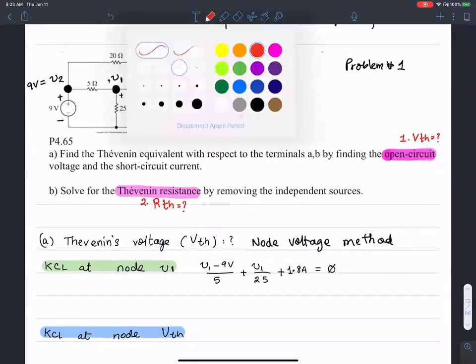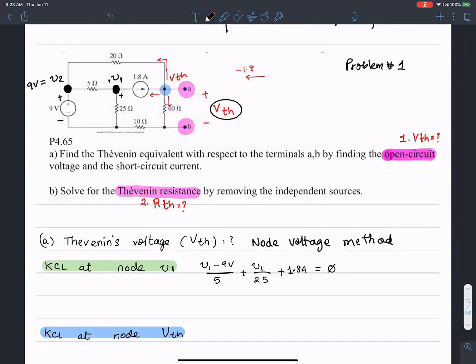Anybody want to give me the expression for that? I'm trying to make sure I'm getting this right.